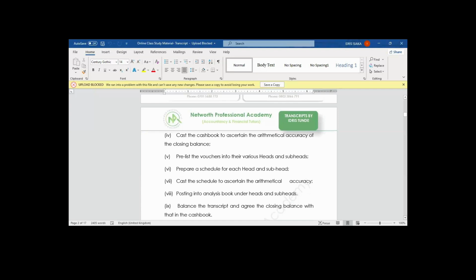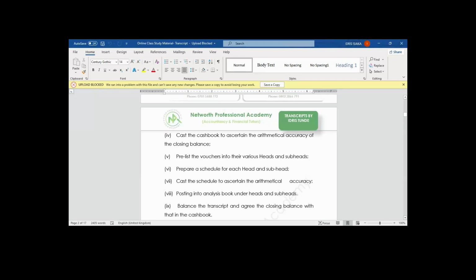But sub-head means those items of revenue and expenditure that you can't trace direct into the budget. When you add sub-heads, it's going to give you one head.